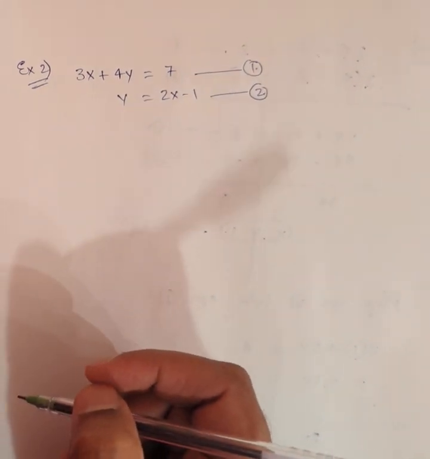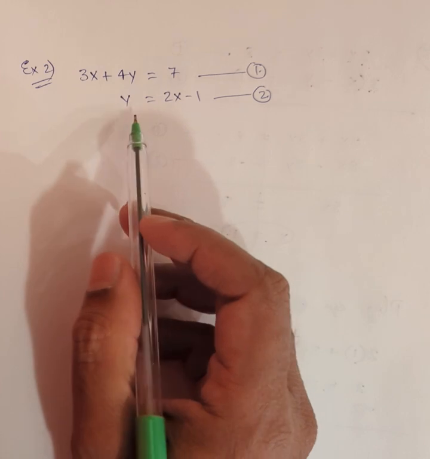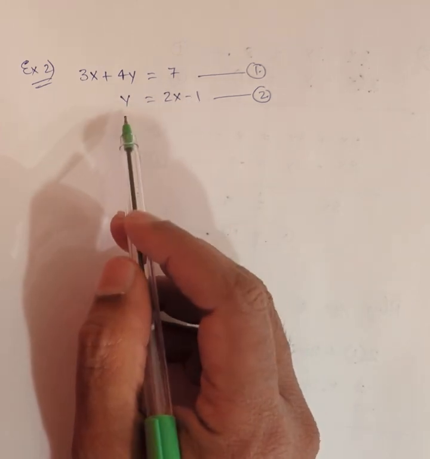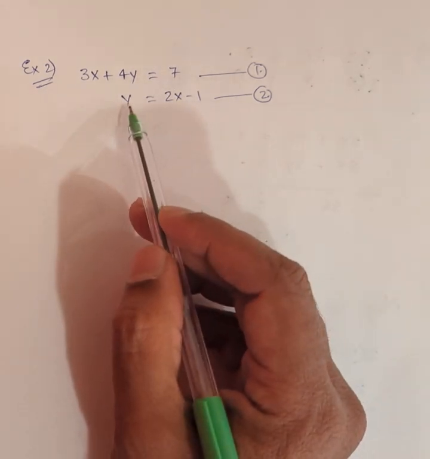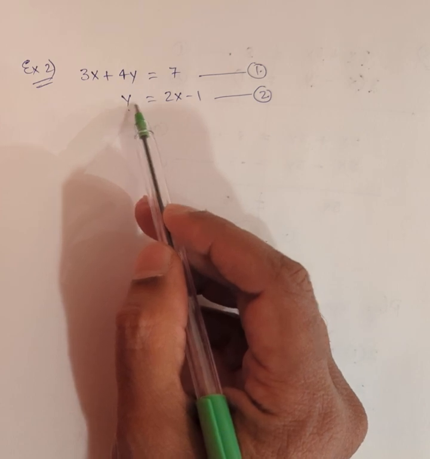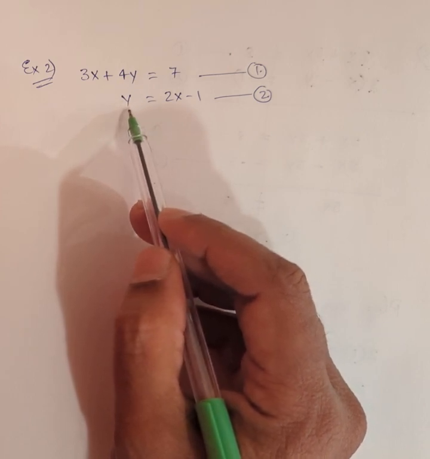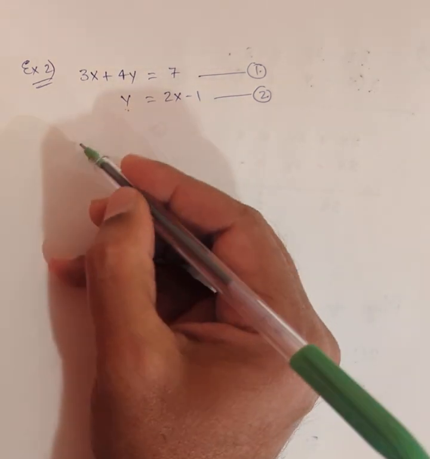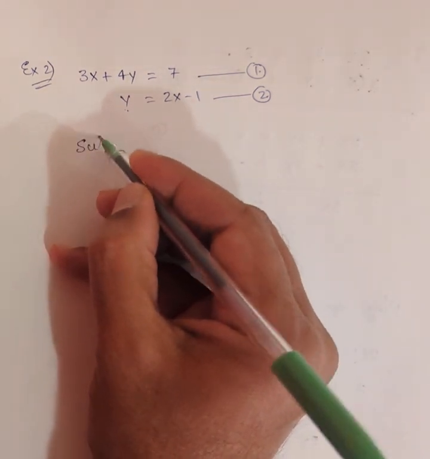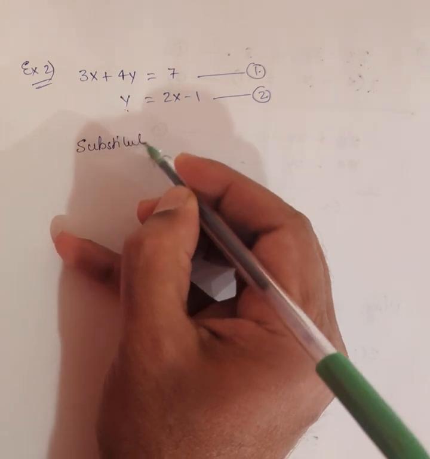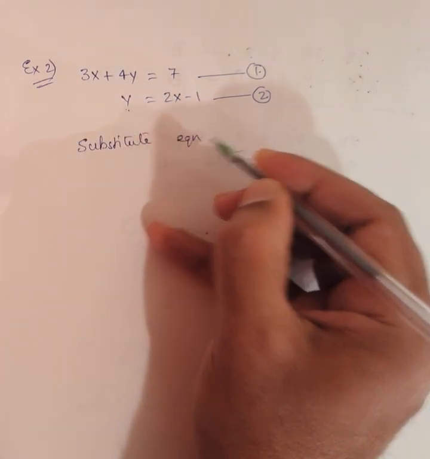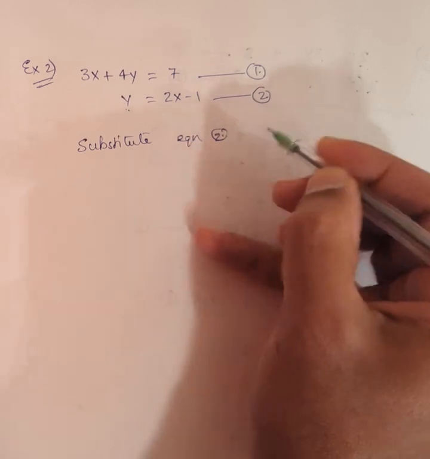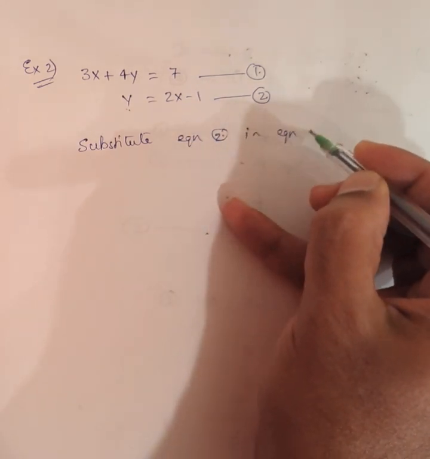Again, with the substitution method, I want to substitute one of the equations. Usually if you have an equation that's solved for one of the variables, like equation 2, which has just y by itself on the left side, that's what you want to substitute into the other equation. So substitute equation 2 in equation 1.